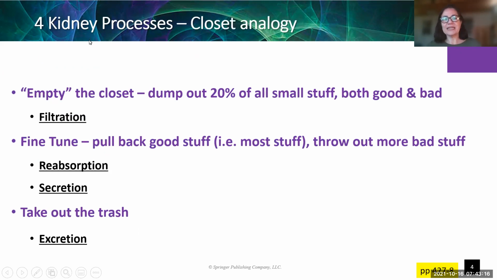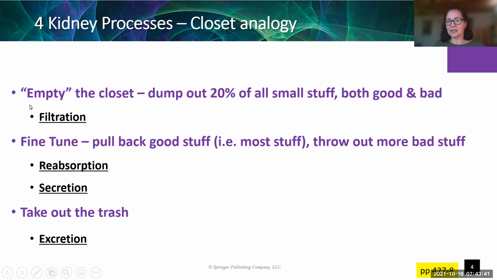All right, so the 4 kidney processes, as a way of understanding them, I know I just gave you a pocket analogy, but I actually wrote in a closet analogy here. So we pretend we're cleaning out a closet, and the way that we typically clean out a closet is in 3 steps.